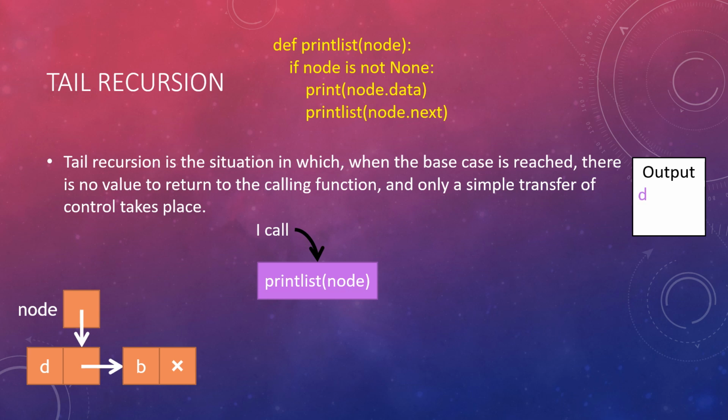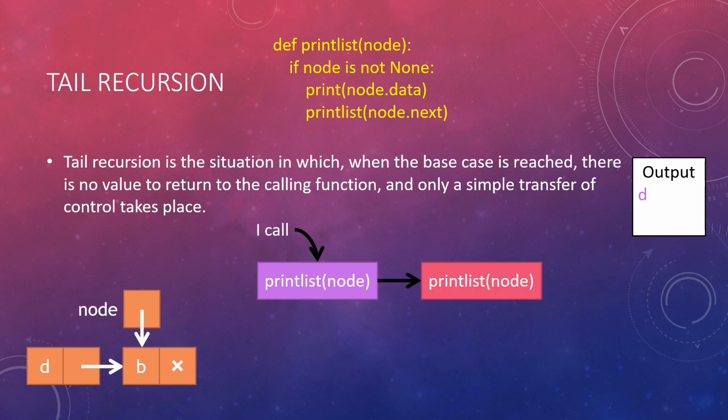And then this function calls print list for node.next. Node.next is the pointer in the node containing D. So when the next instance of the function is called, the argument to this function, the function in pink, is a pointer to the next node.